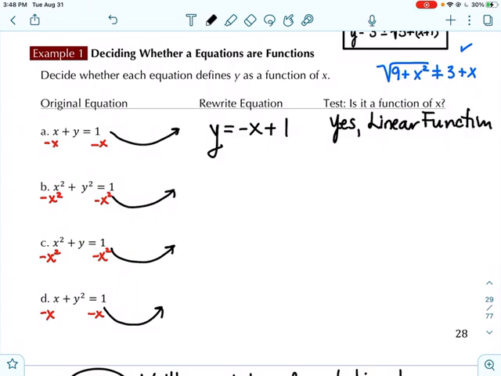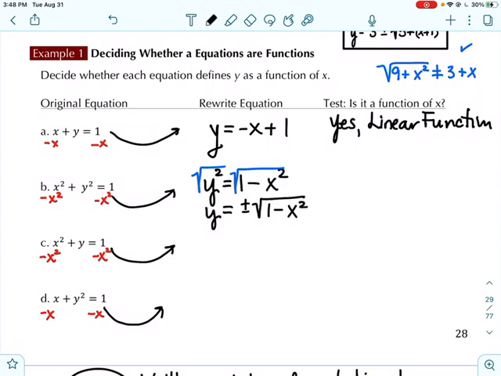Okay, and then for the next one, we have y squared is equal to 1 minus x squared. But we're not really solved for y yet, so I'm going to solve for y by itself, so I get y is equal to plus or minus the square root of 1 minus x squared.